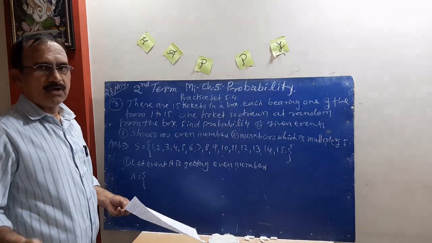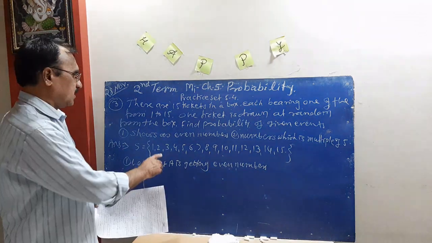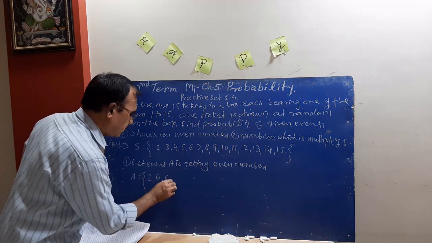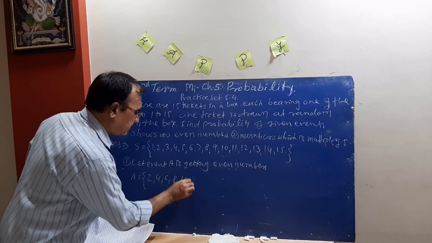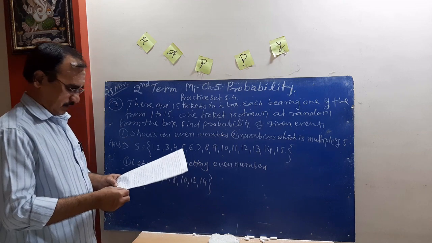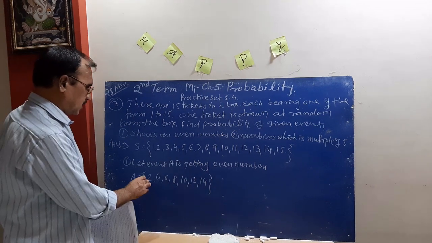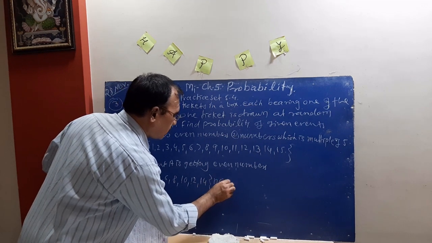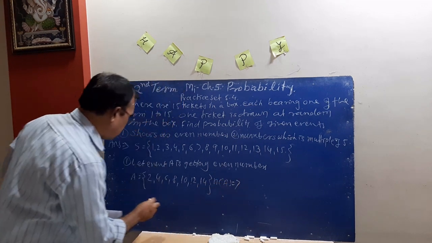You know odd numbers, even numbers and prime numbers also. Which are even numbers? 2, 4, 6, 8, 10, 12, 14. How many numbers are these? 1, 2, 3, 4, 5, 6, 7. N of A is equal to 7.